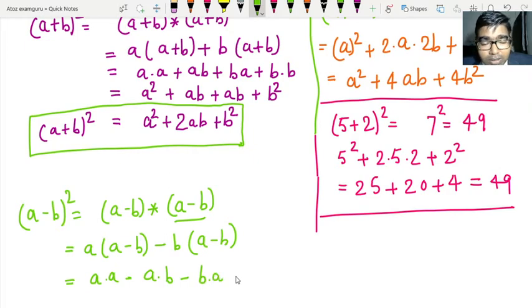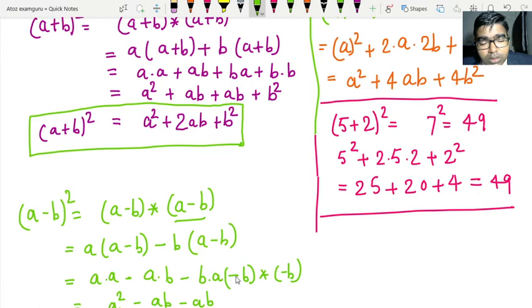now you multiply this b with this b, then minus b multiplied with this b. So this a becomes a square, this is ab, and this you can write as ab, right friends?